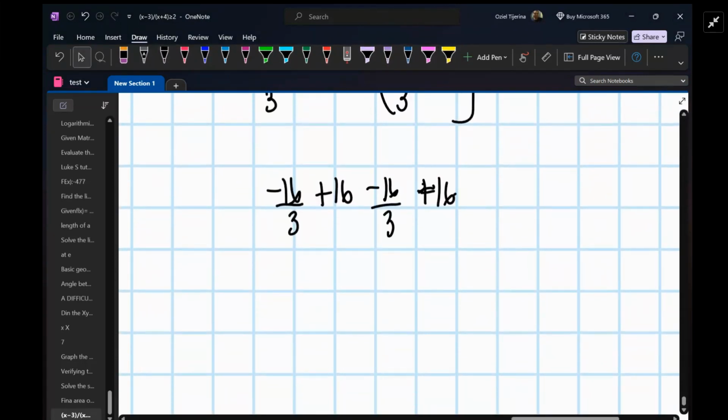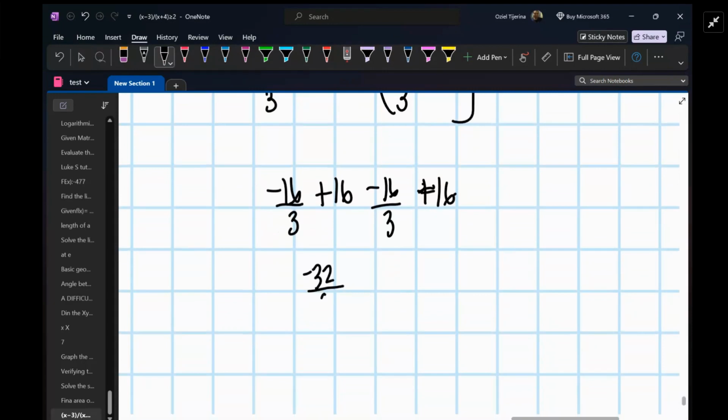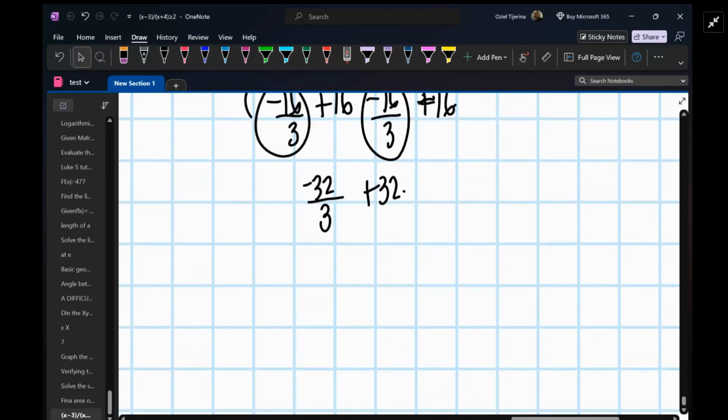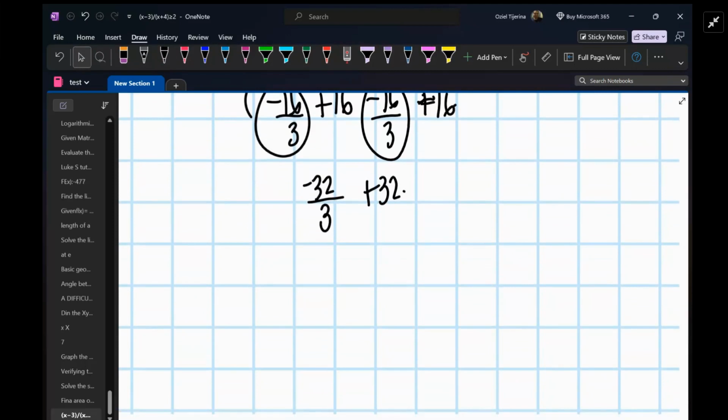So now we know that this is negative 32 over 3 plus 32, and let's just go ahead and finish this off. It's going to be negative 32 over 3 plus 32, which is going to be 64 over 3.